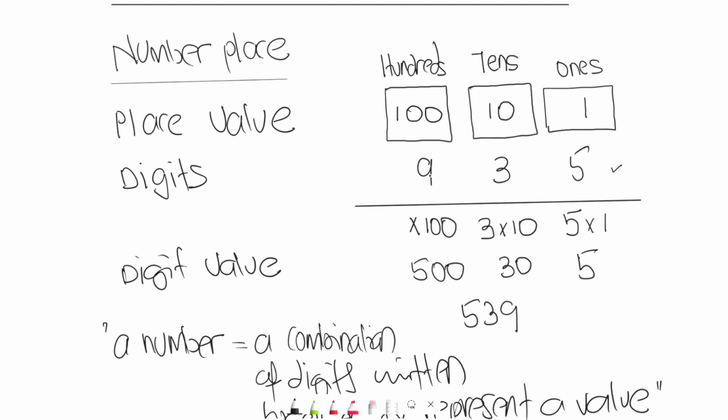And the digit 9 now sits under the hundreds number place. That means groups of hundreds. How many groups of hundreds do I have? I have 9 groups of 100. So the value of the digit 9 in the hundreds place becomes 900. So now the number is no longer 539, it's 935.